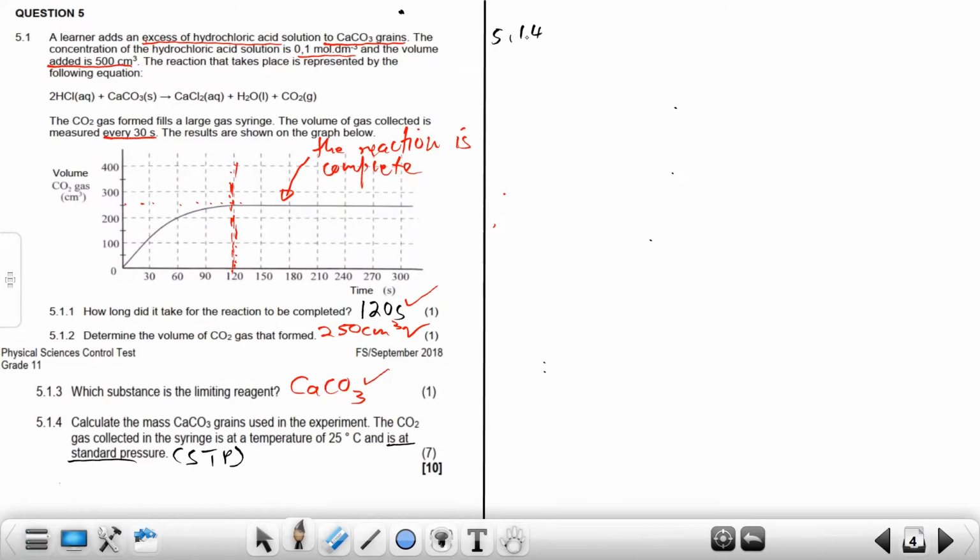So if I'm working with the STP values, for 5.1.4, what is it that I have? I have the volume of the gas collected, which was 250 centimeter cubed, which is just 0.25 decimeter cubed, because we said we always want our volume to be in decimeter cubed.